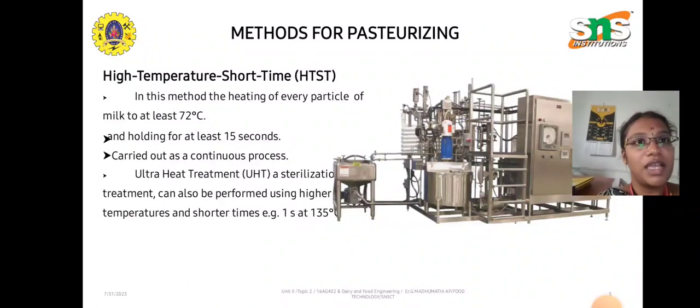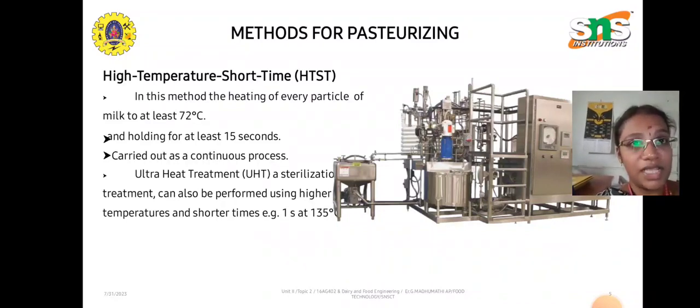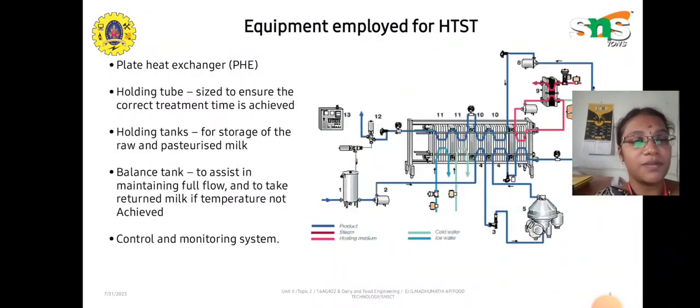Coming to the HTST, as we saw, this is carried out at 72 degrees Celsius, where each and every particle in the milk is heated to 72 degrees with a holding time of only 15 seconds, and it is a continuous process. UHT sterilization can also be performed using higher temperatures and shorter times.